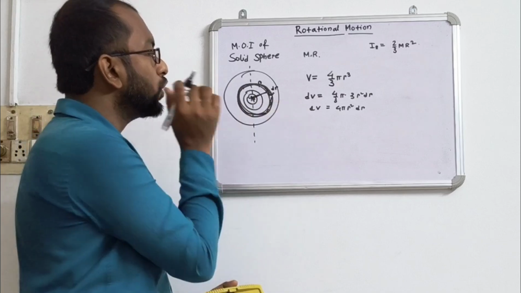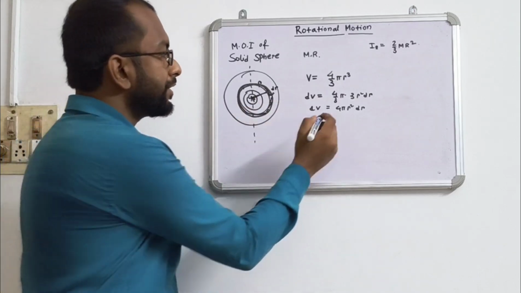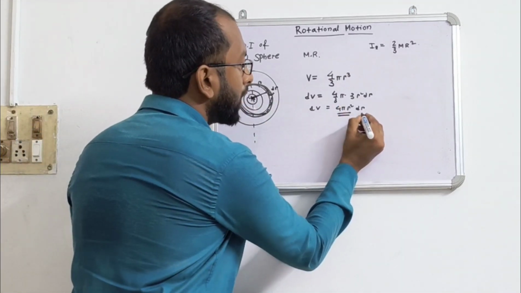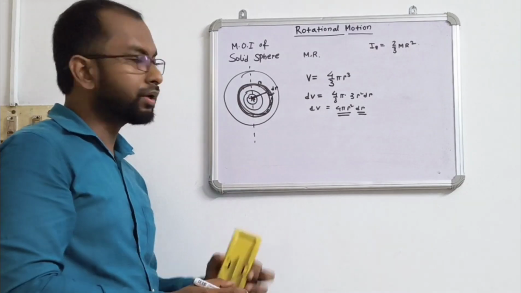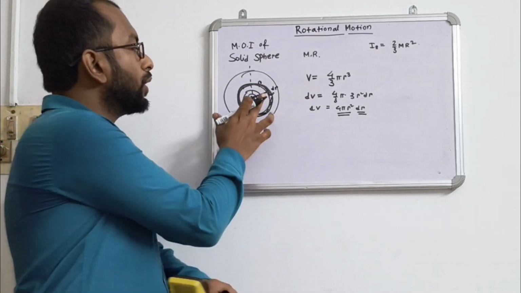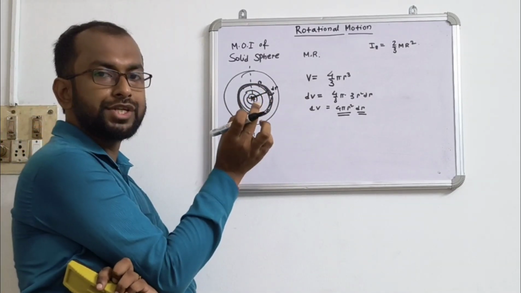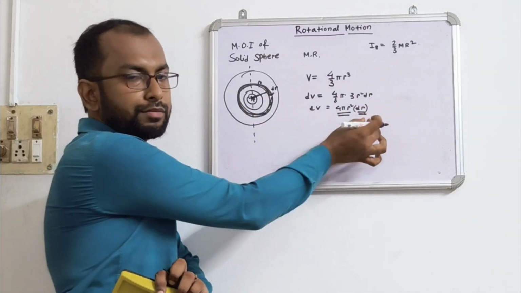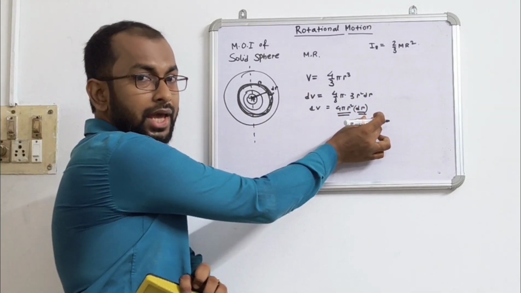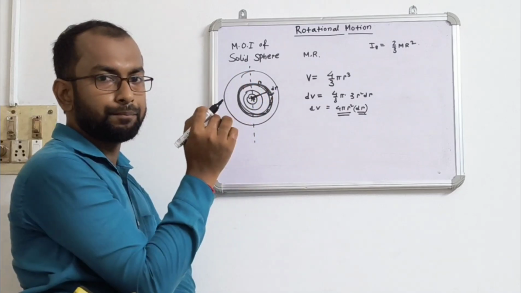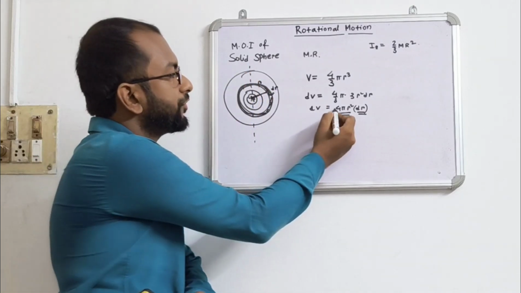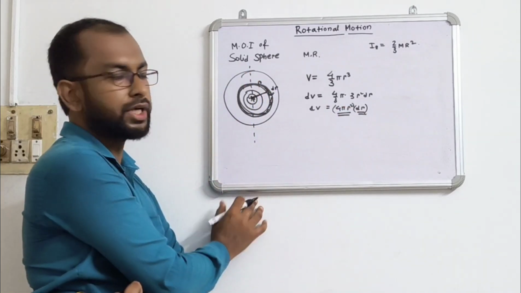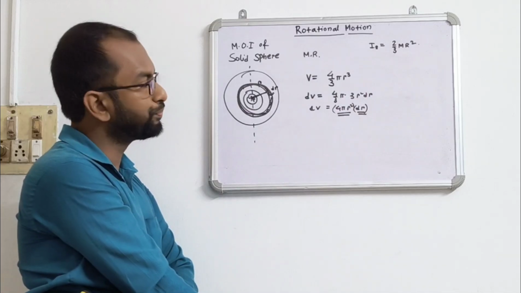Now see, the differential volume is 4 pi r square into dr. We are interested right now in a general hollow sphere which is having the thickness of dr. Basically we are multiplying that small thickness with the area of the hollow sphere, and the area of the hollow sphere is 4 pi r square. So that is creating a differential volume.